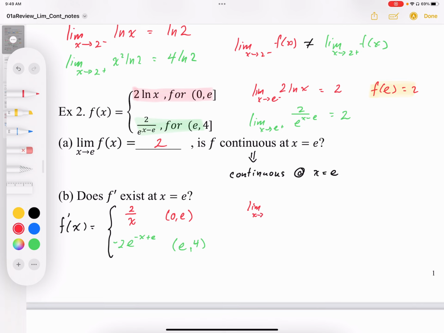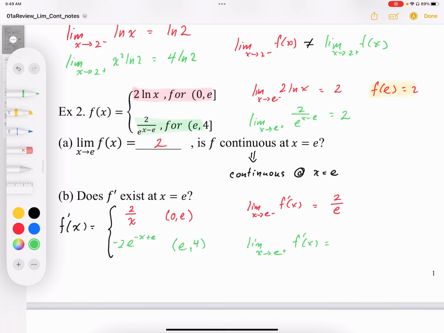So the limit as x approaches e from the negative side of f prime of x is going to be equal to 2 over e. And the limit as x approaches e from the positive side of f prime of x, when I plug e into that expression, I get negative e plus e is 0.